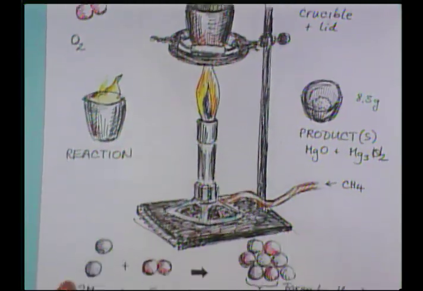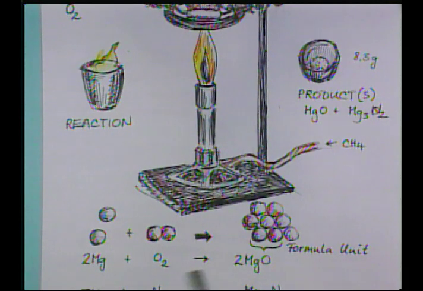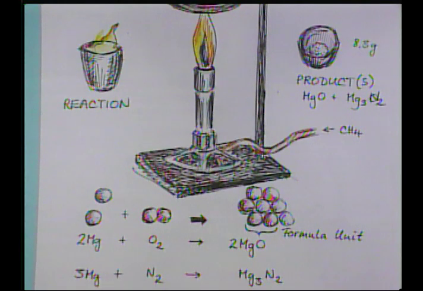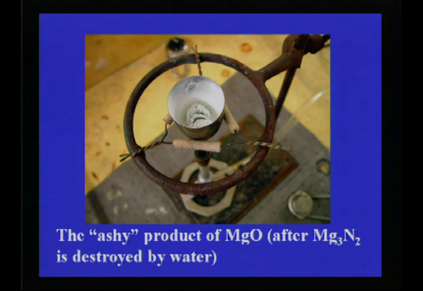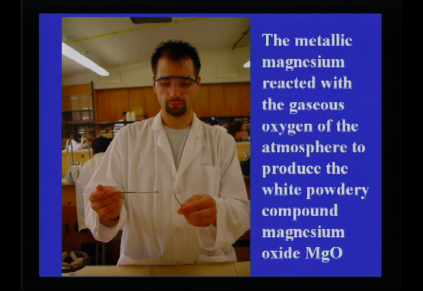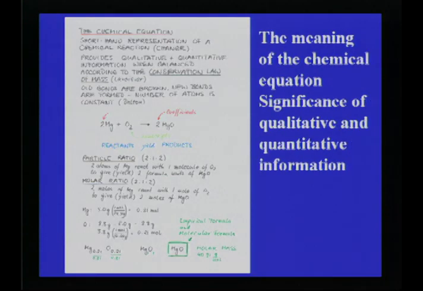And you see that we get an equation that just describes this chemical change. And here we see how the reaction occurs in the crucible. And then in the end, you get sort of an ash-like powder that can be weighed. And with this, you can do some quantitative and qualitative analysis.